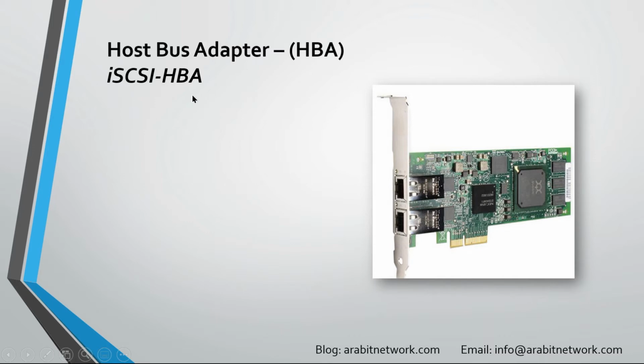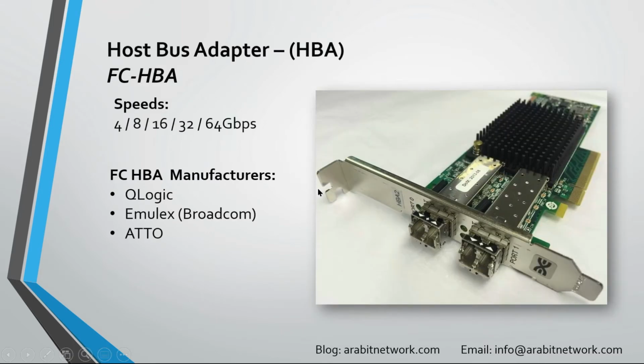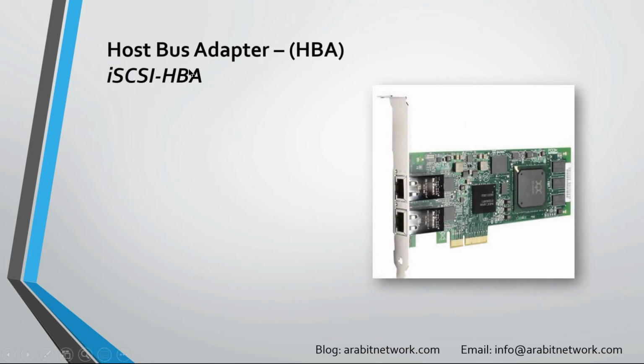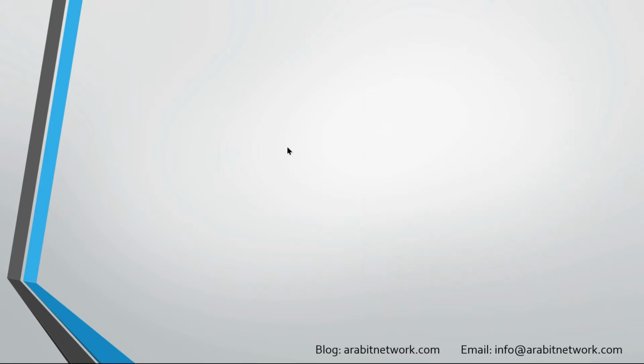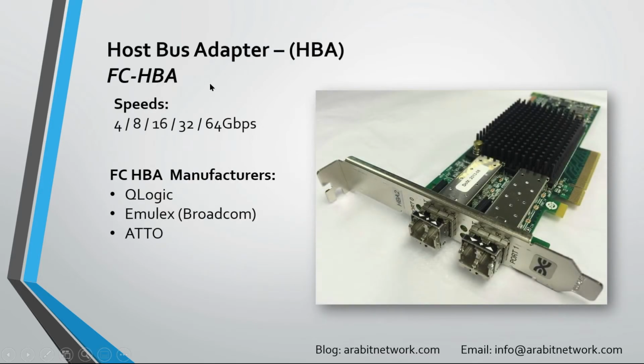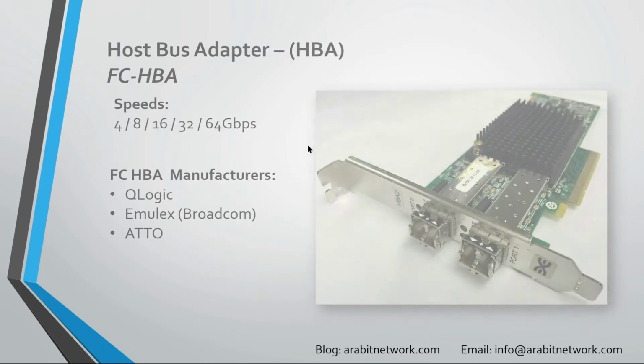But again, the most stable protocol for storage is the Fiber Channel protocol. iSCSI, when it comes to the hardware cost, is a bit cheaper than Fiber Channel, but not that much. So it would be better for you to invest in Fiber Channel products in general.